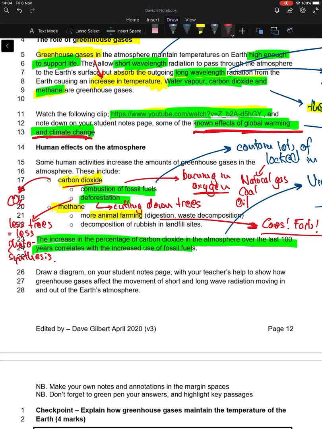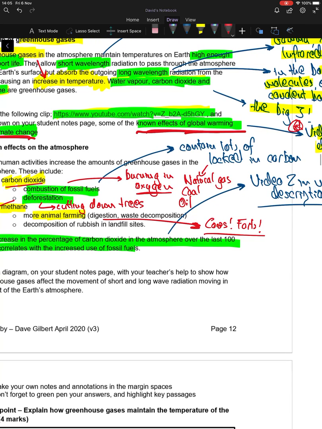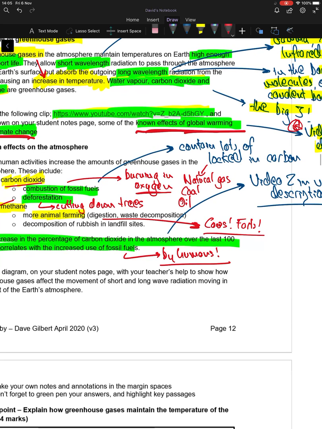The increase in the percentage of carbon dioxide in the atmosphere over the last 100 years correlates with increased use of fossil fuels. And this is by humans. So as we have become more industrialised and used fossil fuels more, we've produced more carbon dioxide in the atmosphere that's had an impact on the atmosphere.